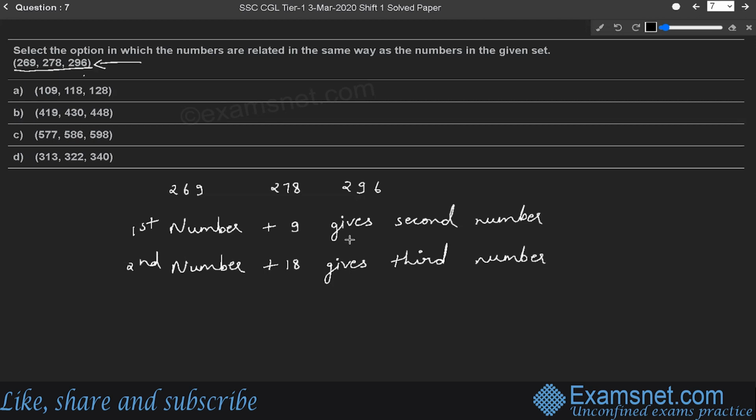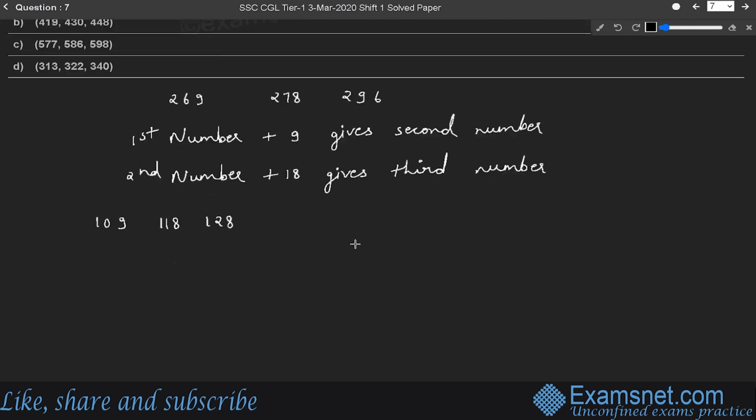So let us see whether this concept is right or not. Okay. So we are going through one by one option. First option is 109, 118, and 128. Now using this concept, first number plus 9. Here the first number is 109. So 109 plus 9 gives 118. So this part is correct. Now second part is second number plus 18.